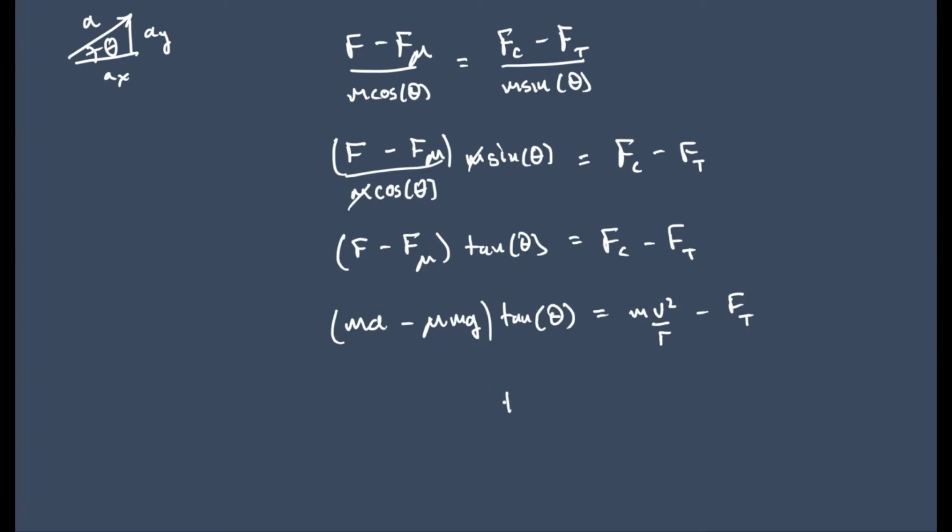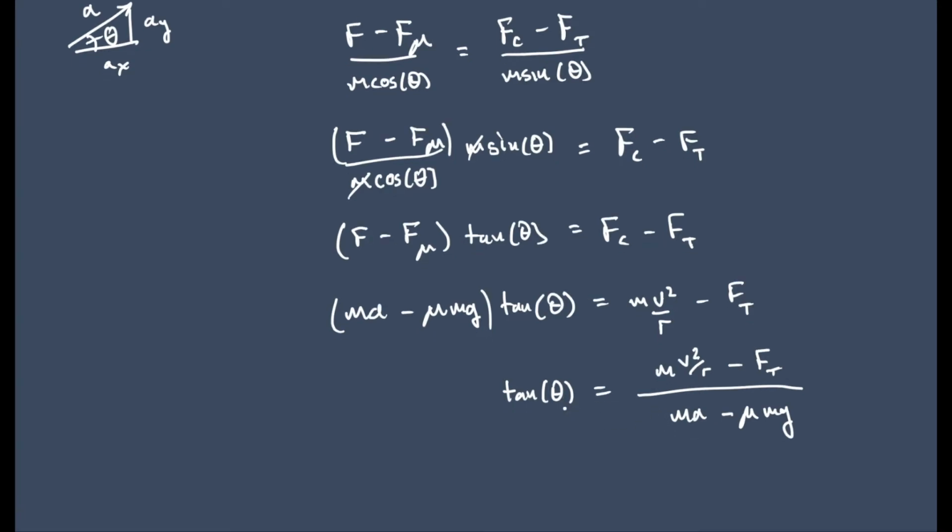So we get that the tangent of theta is equal to all of this, so mv squared over r minus Ft. And then down here, we're going to have ma minus mu mg, because we're just dividing both sides by this term. Okay.